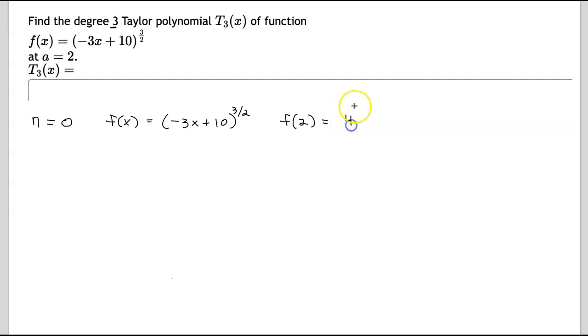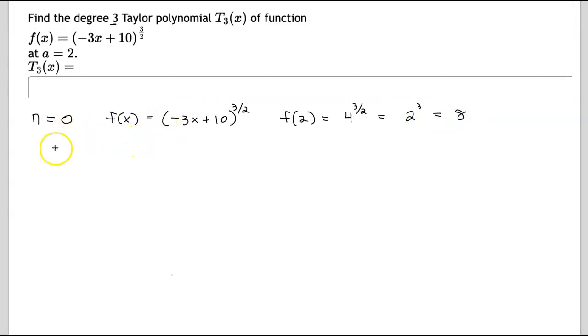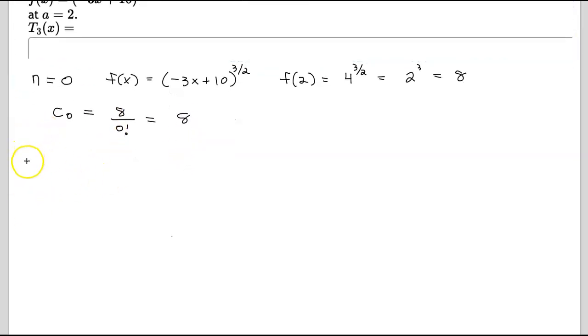So you get 4 to the 3/2 power, which is really 2 cubed, or 8, right? So c0, the 0th coefficient, is going to be 8 over 0 factorial, but 0 factorial is 1, so that's just 8.